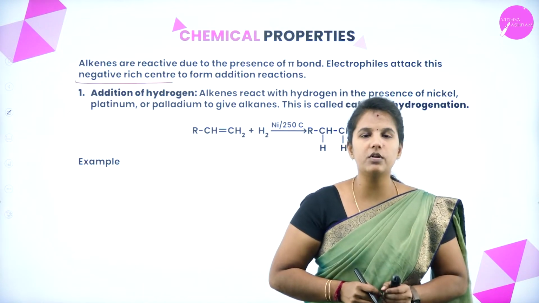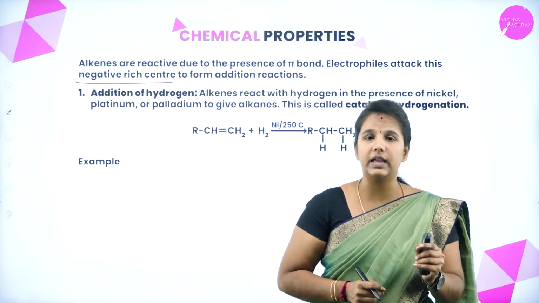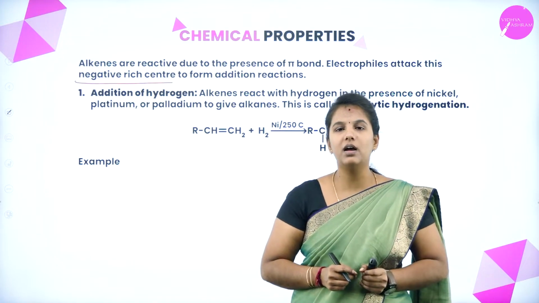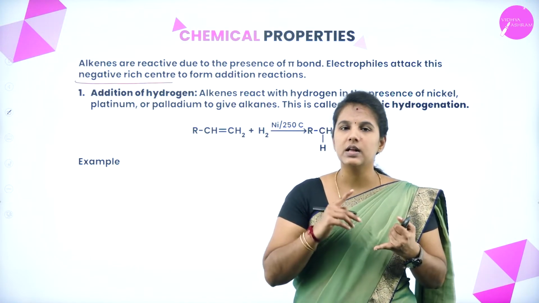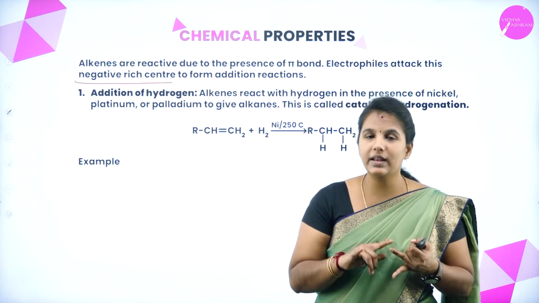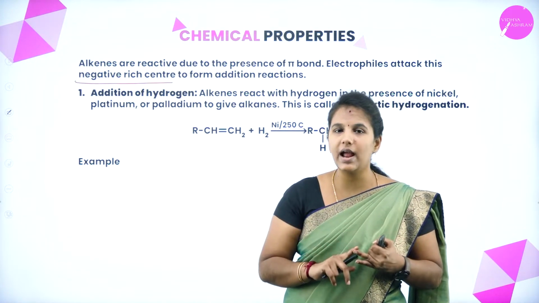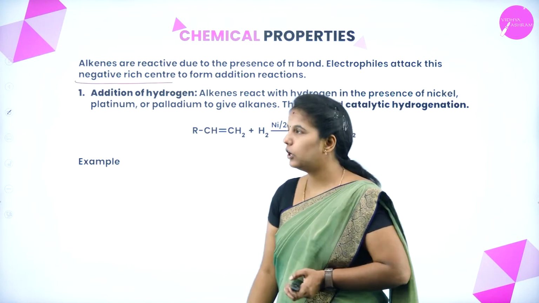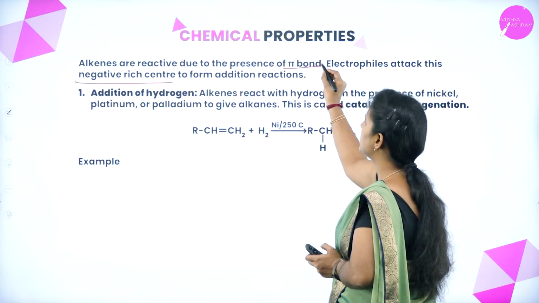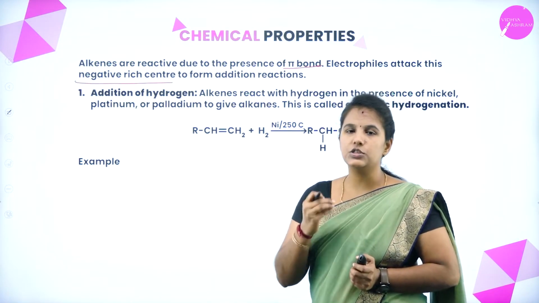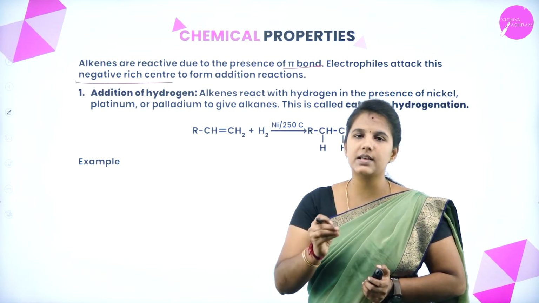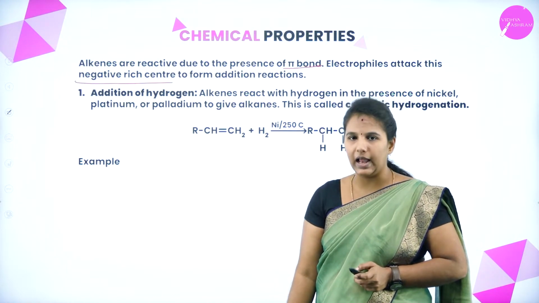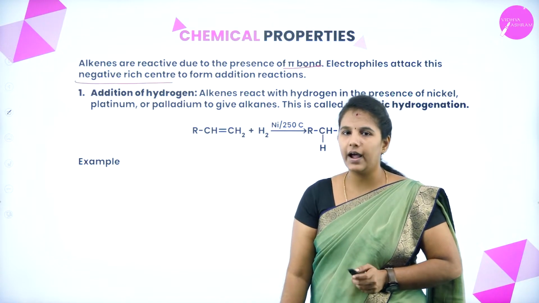So, this is one more reason which makes the alkene highly reactive compared with the alkane. The first reason is the presence of pi bond and the second is that the electrophile can easily attach to the electron rich part to form an addition product. These are the two reasons which make the alkenes more reactive compared with the alkane. So, the first chemical property of the alkene is the addition of hydrogen.